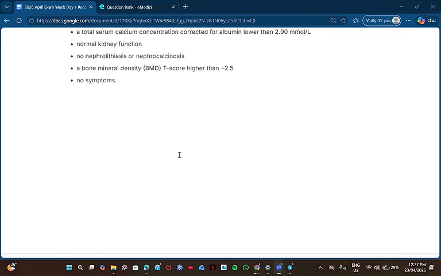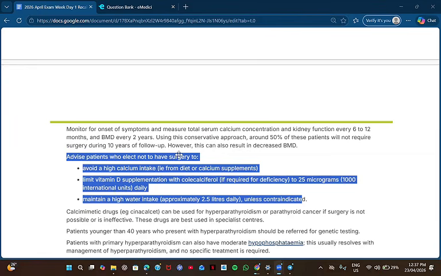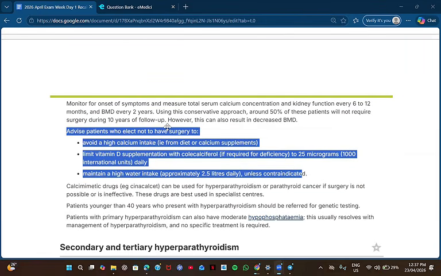Next one. Monitor onset of symptoms and measure total serum calcium concentration and kidney function every 6 to 12 months, right? Because they have a high level of parathormone, that means it affects the kidney as well. And BMD every 2 years because of the bone resorption, right?